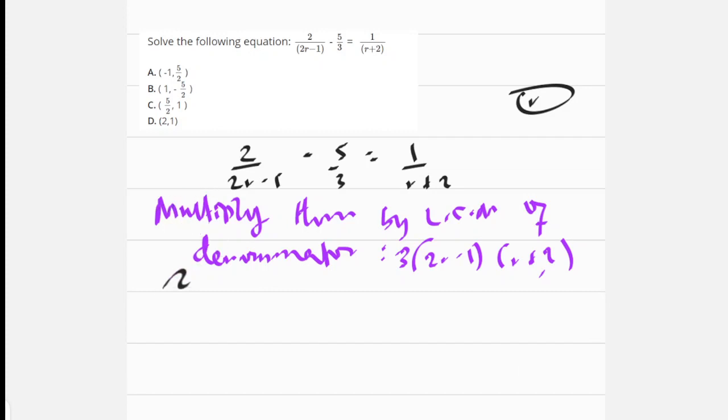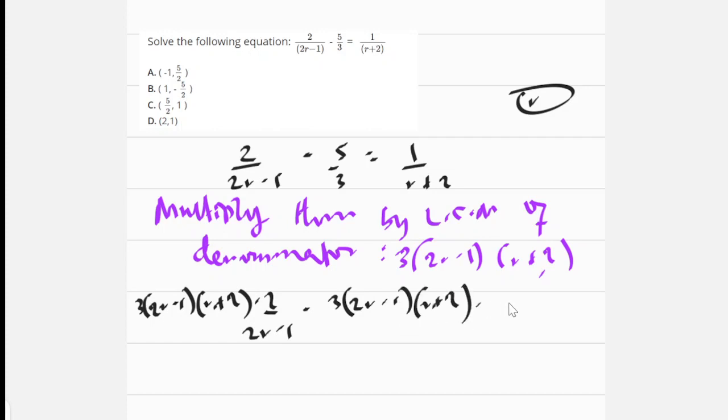Then I'm going to have 3 times 2r minus 1 times r plus 2 multiplied by 2, over 2r minus 1, then minus 3 times 2r minus 1 times r plus 2 multiplied by 5 over 3, is equal to 3 times 2r minus 1 times r plus 2 multiplied by 1 over r plus 2.